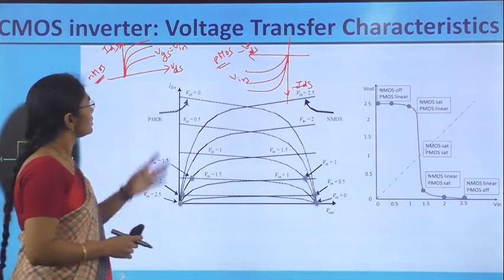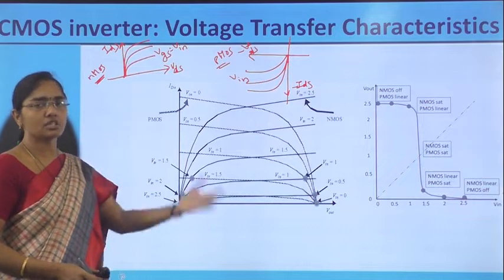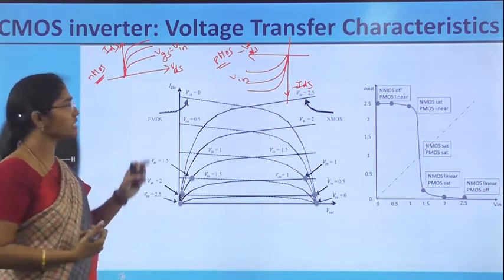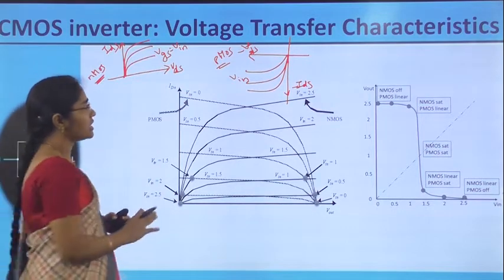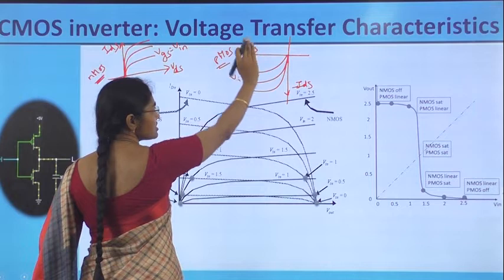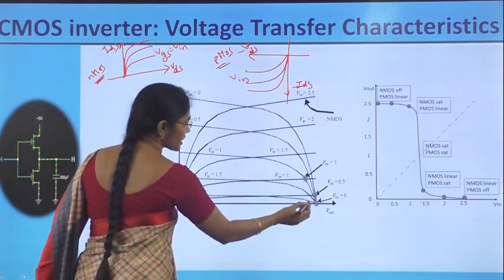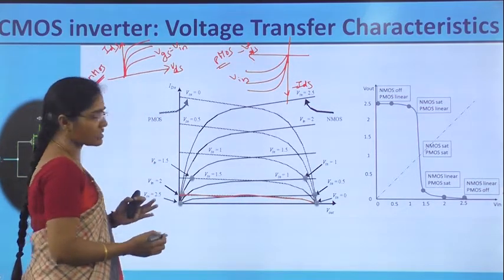Now, by superimposing these two characteristics, we can draw the transfer characteristics from the intersecting points of these two load line characteristics. For that, first flip this and then shift the PMOS characteristics, so that the PMOS characteristics are represented over the NMOS characteristics.